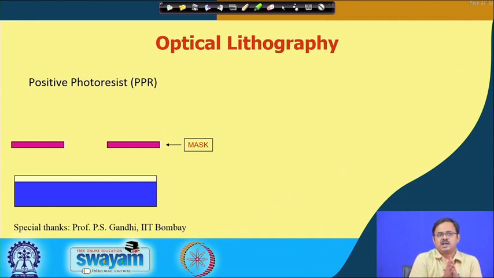Similarly, a photo mask will have some openings, maybe holes, orifices, slits, etc., through which if you shine light, the light will be able to pass through those holes or slits. So that's a mask. So this is a photo mask, for example.